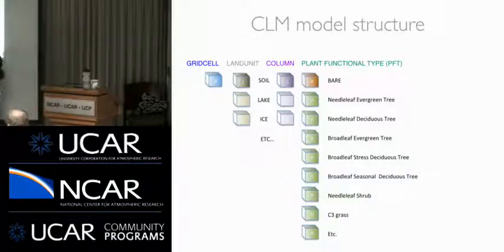So we might have one column for crops and one column for natural vegetation. Then within the natural vegetation column of soil, we divide that into different areas. This is the existing model structure. We divide into these different tiles for all the different plant functional types.